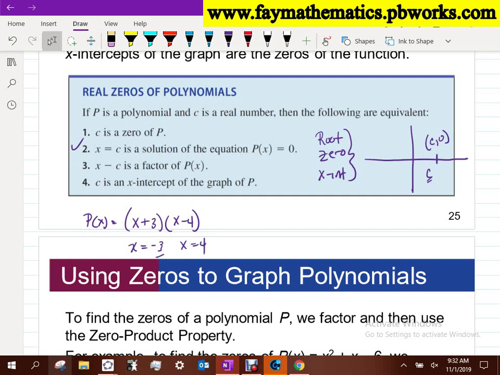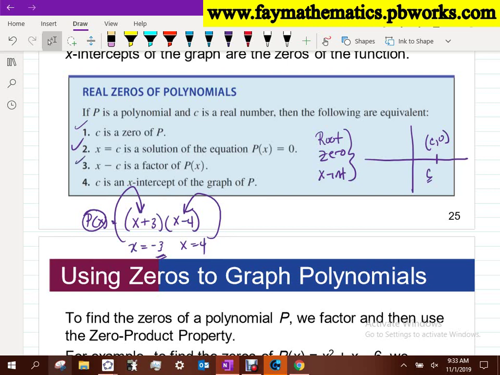So this here is a solution to the equation when that is 0. Okay, so that says the same thing, that C is a 0. They're saying that if I work backwards, if I said X equals -3 was a solution or a 0, then X plus 3 must have been a factor. Does that make sense? X minus 4 must have been a factor. Okay, so that's this line here.